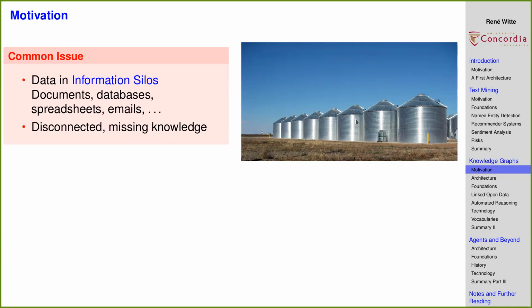Like a physical silo, in many organizations and companies, you also have information silos, meaning you have different databases, different systems holding different sources of knowledge. For example, in a software company, you have knowledge stored in emails.